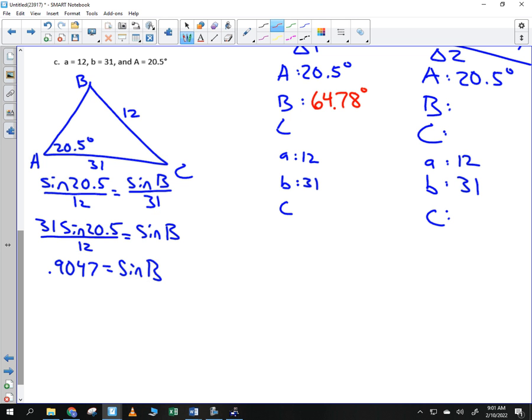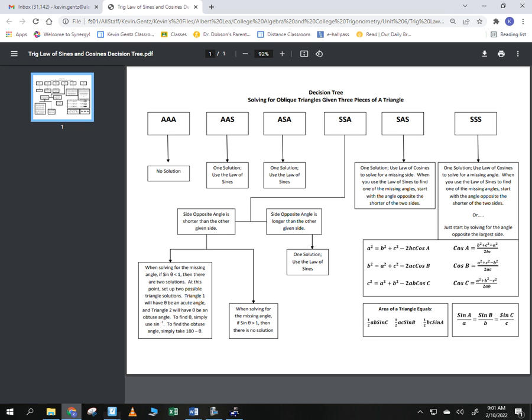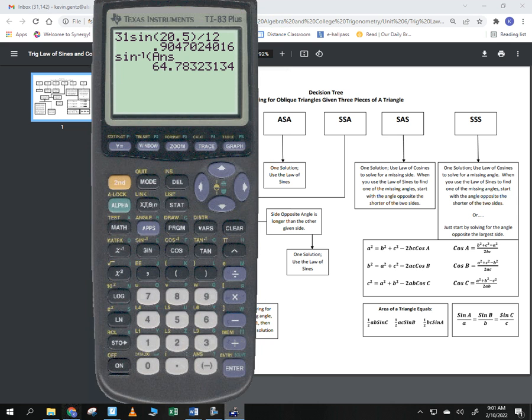Look at what it says. It says triangle 2 will have theta be an obtuse angle. In order to find the obtuse angle, all you do is take 180 minus the 64.78, and you get 115.22.